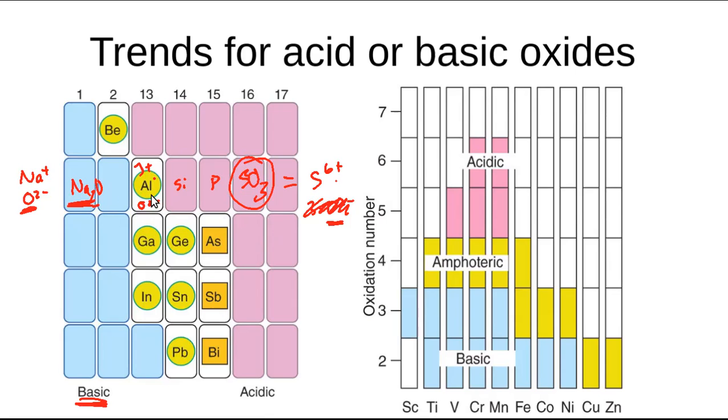Maybe it can act as an acid, dissolving in basic environments. It's an amphoteric oxide. If we change character from basic oxides to acidic oxides, there should be some amphoteric in between.